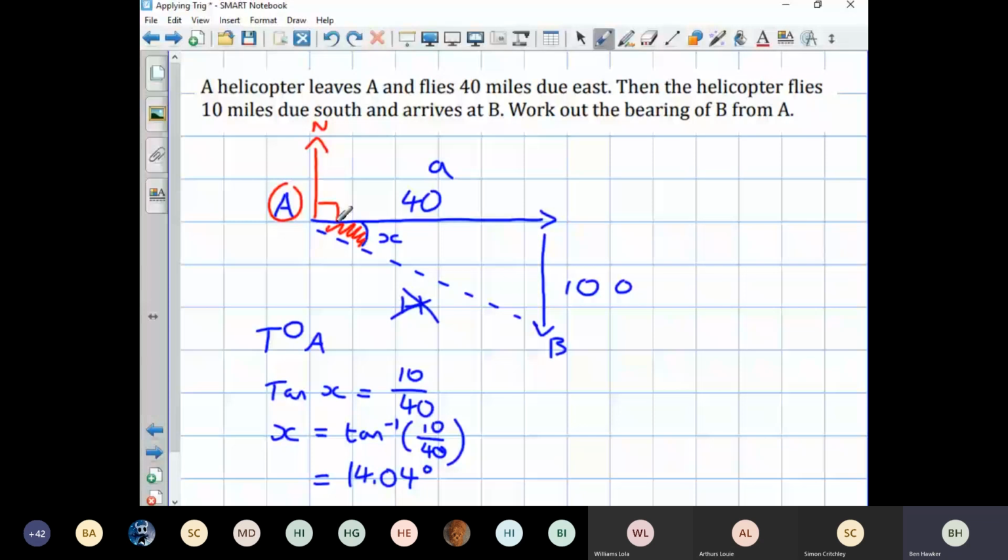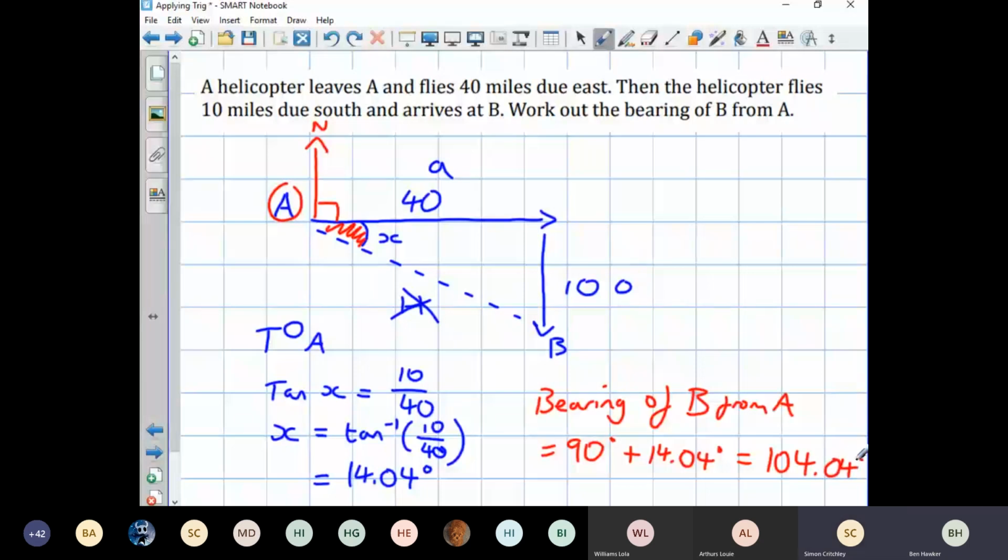Therefore, the bearing of B from A equals 90 plus 14.04, which is going to give us 104.04. Thank you very much.